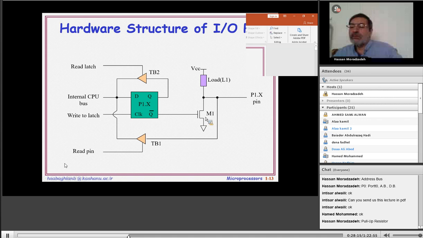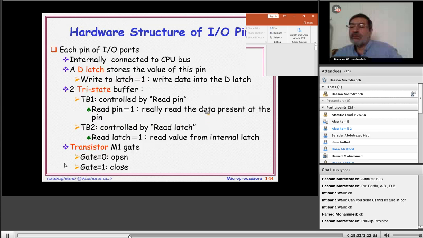I explain fast. Each pin of the I/O ports is internally connected to the CPU bus, and a D latch stores the value of this pin. Write to latch 1, read pin 1, read latch 1, transistor gate 0 open, gate 1 close. Here, the gate of this MOSFET is driven from Q bar, okay. For example, when you write 1 here, after the clock here is 1 and here is 0, okay.